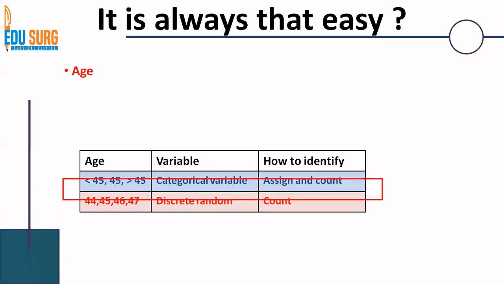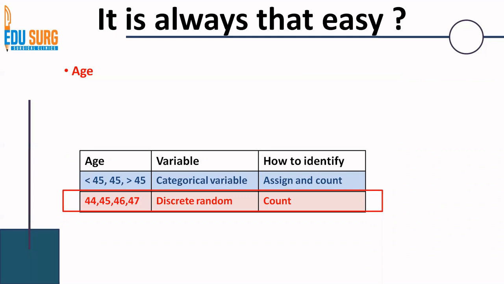So from categorical variable to discrete random variable, a single variable can have multiple ways of presenting it. So there is no hard and fast rule that age has to be a discrete random variable. Age can also be a categorical variable. And similar applies to height, weight, and a lot of other variables. So it is easy if you understand that there is no hard and fast rule in statistics.